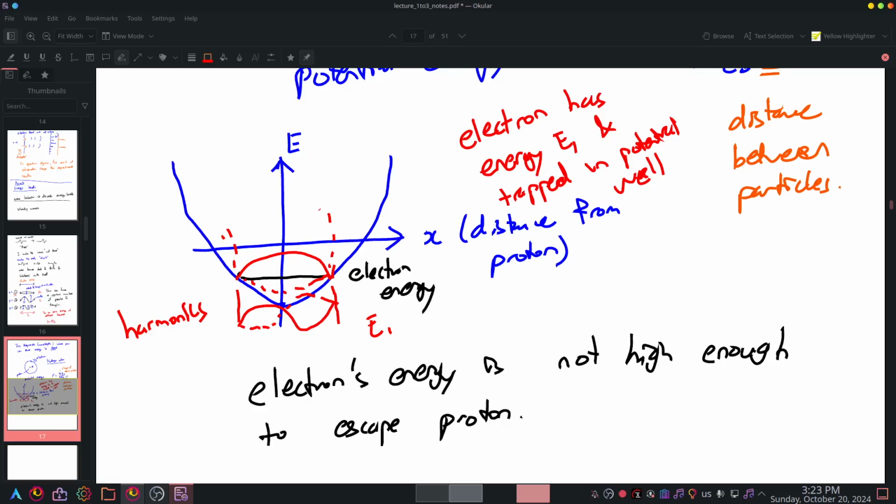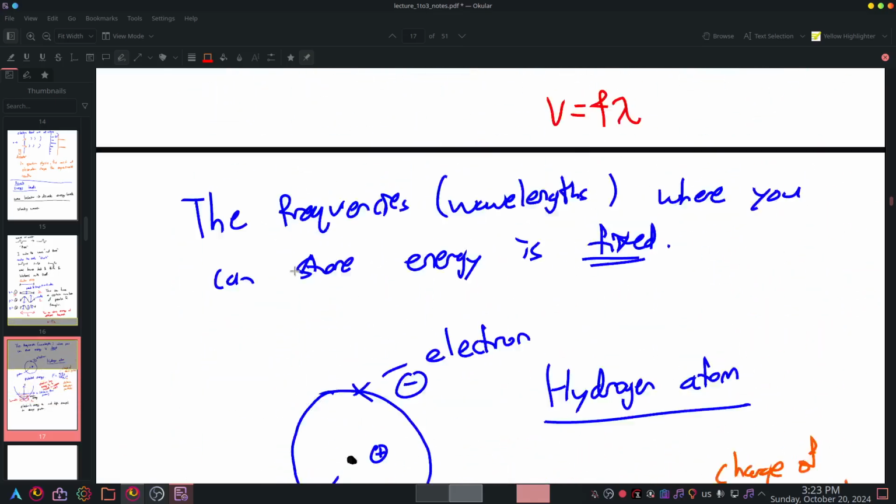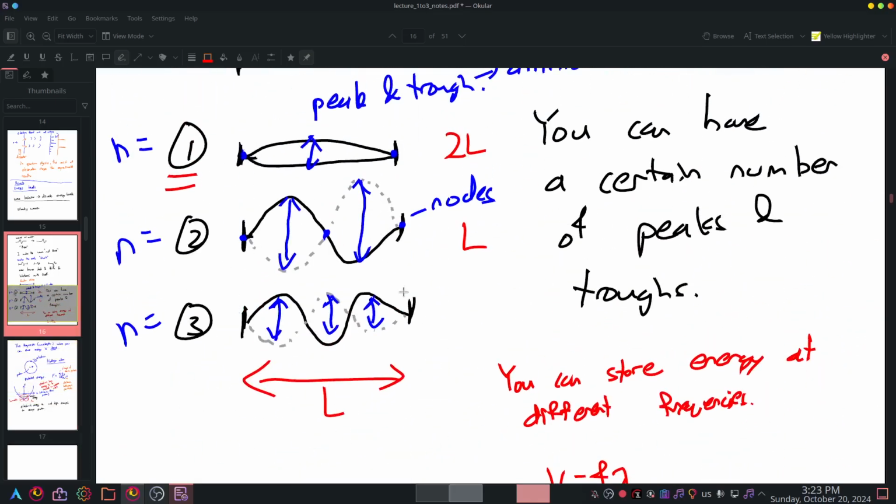There is a little bit more complication, but hopefully you see that this idea of waves, and the fact that your electron has limited energy that is less than the potential energy, forms a restriction on how the electron wave can travel.